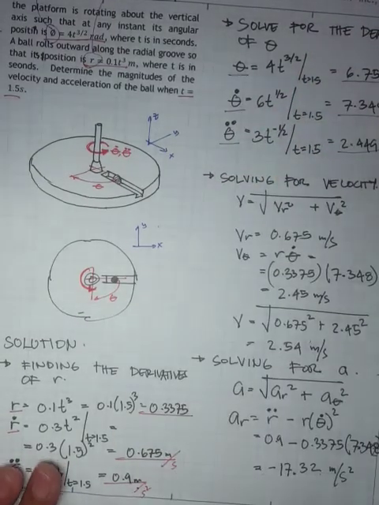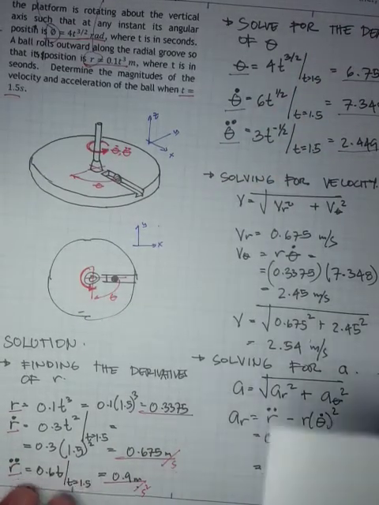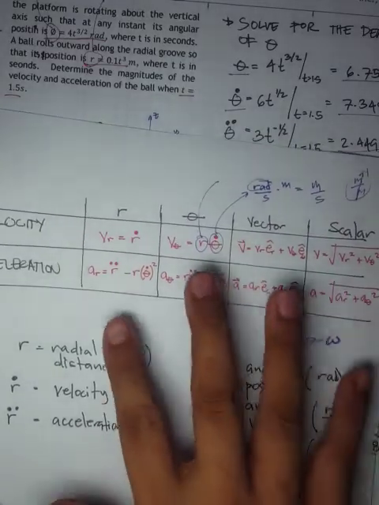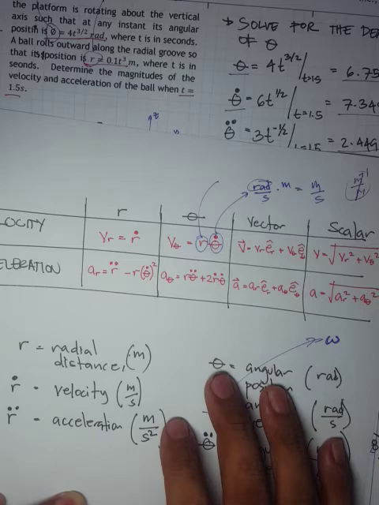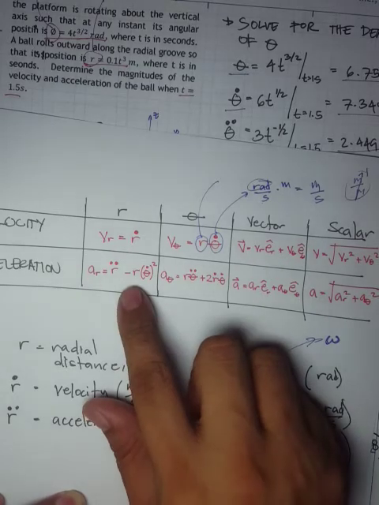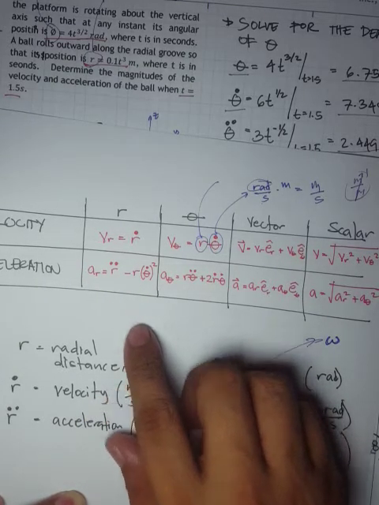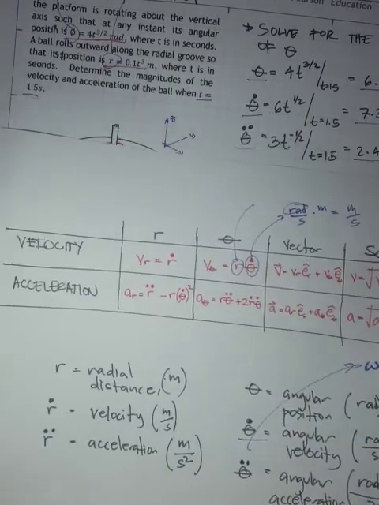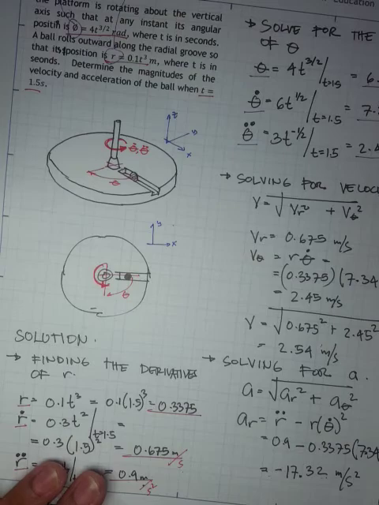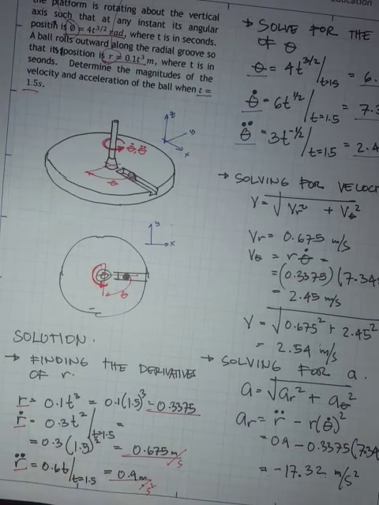After that we are good to go, because we already have this set of equations. We just substitute the values, and there we go, we can find the acceleration. That's it for these polar coordinate systems.